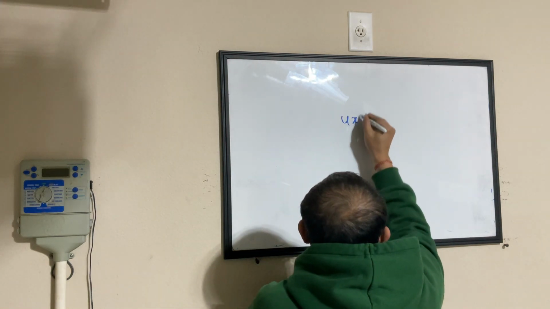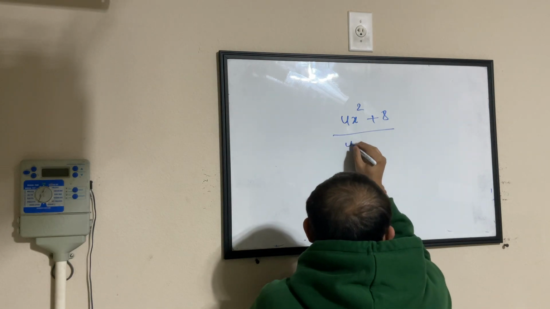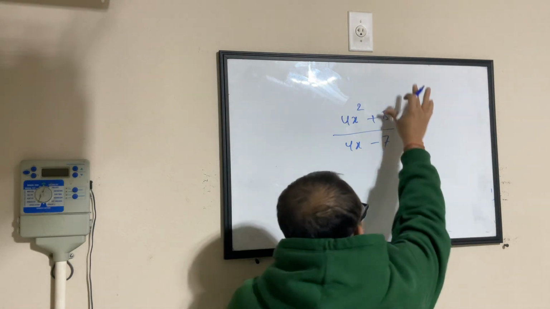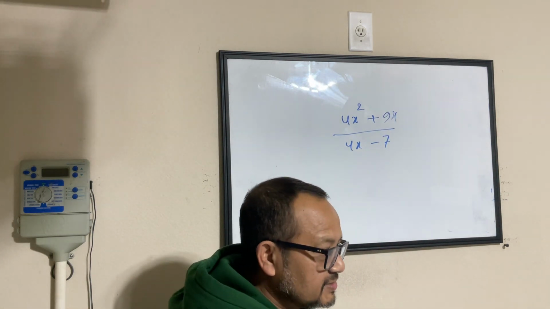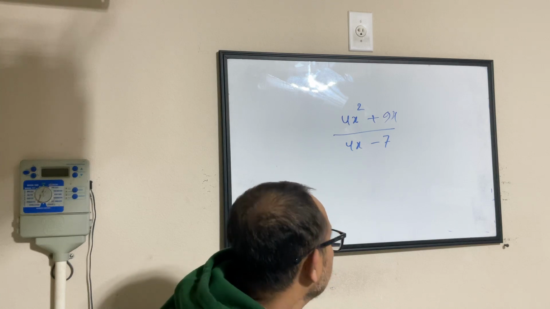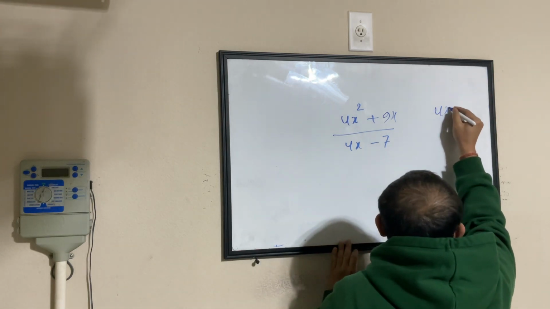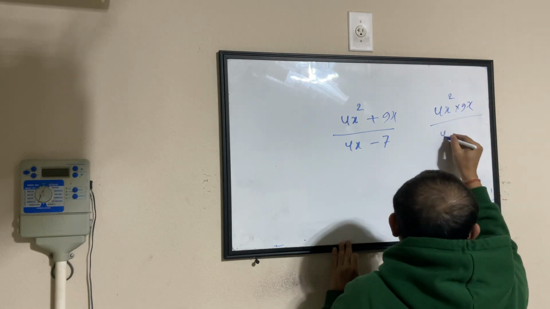Let's say I have 4x squared plus 8 by 4x squared minus 7, okay? Or 4x squared plus 9x by this, okay? And I have a situation where I have 4x squared into 9x divided by 4x squared.